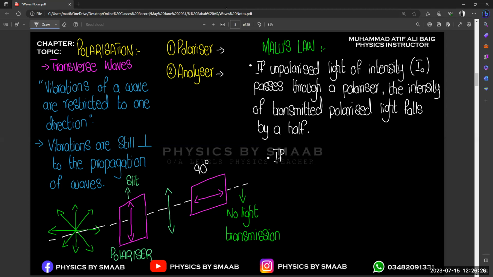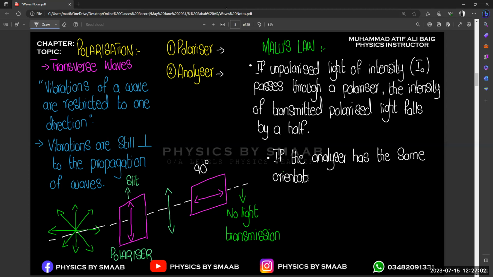After placing the analyzer, we need to calculate the final intensity. So if the analyzer has the same orientation, because that is also a condition, right? We only discussed different orientations, but it is also possible that the orientation will be the same.